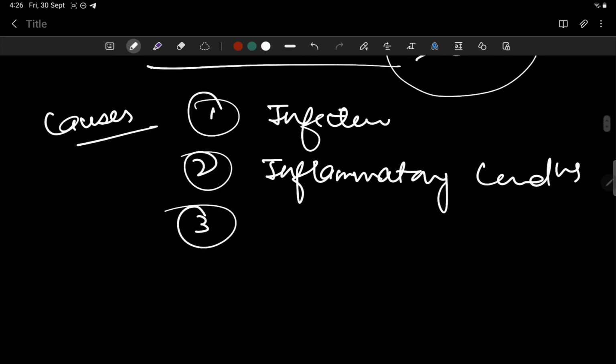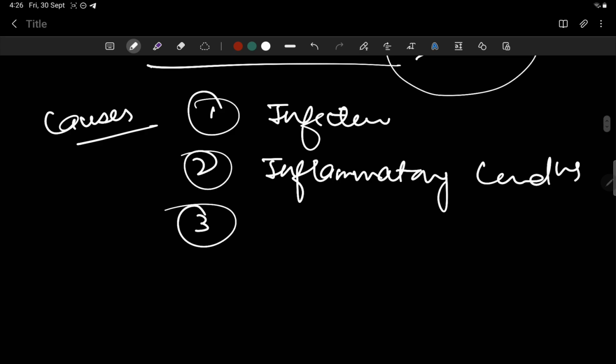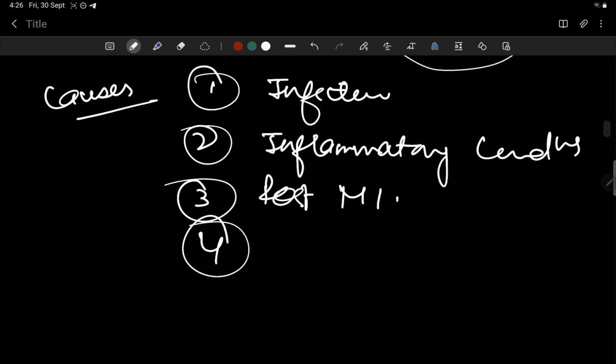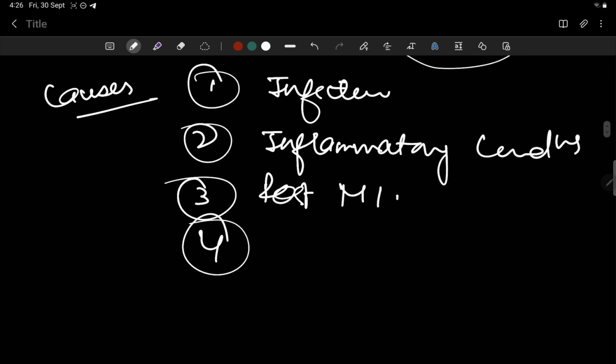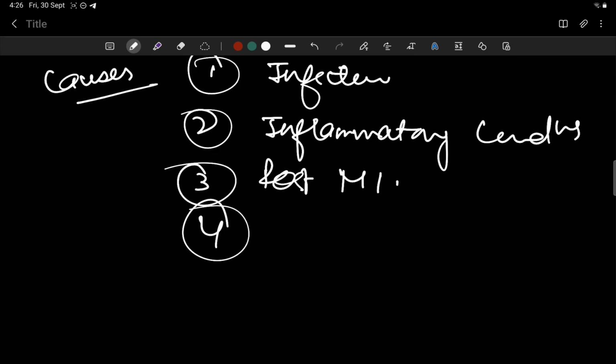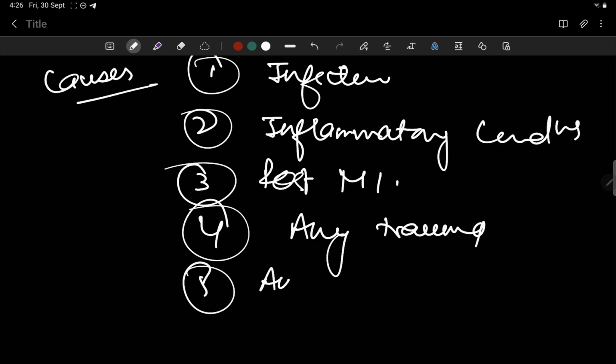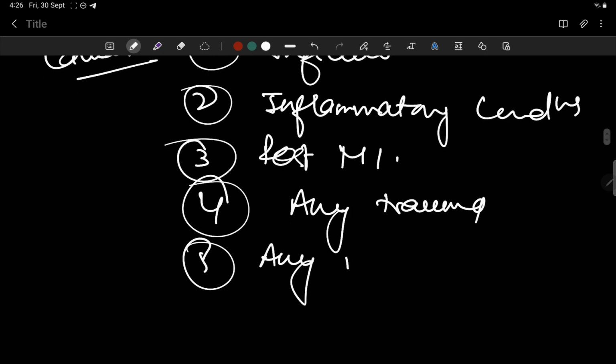Okay, next is post MI, that is referred to as Dressler's syndrome, and any trauma to the chest wall, and any neoplastic conditions. These result in pericardial effusion.